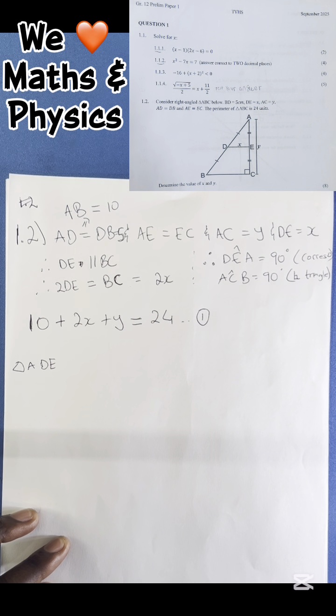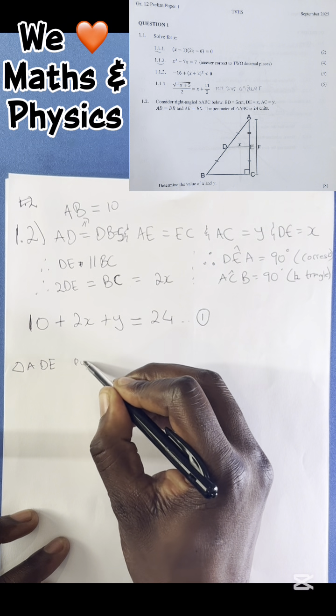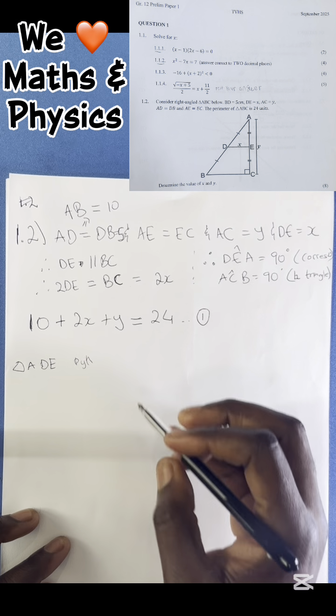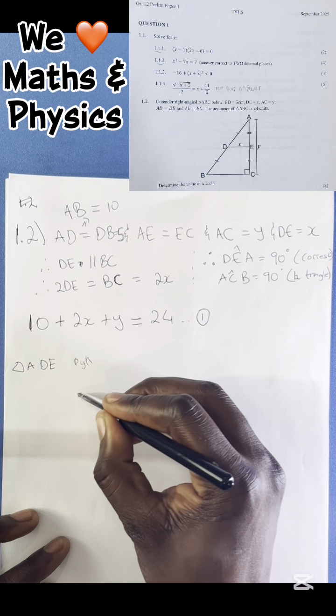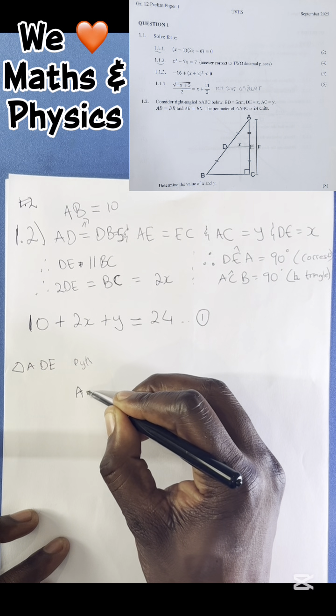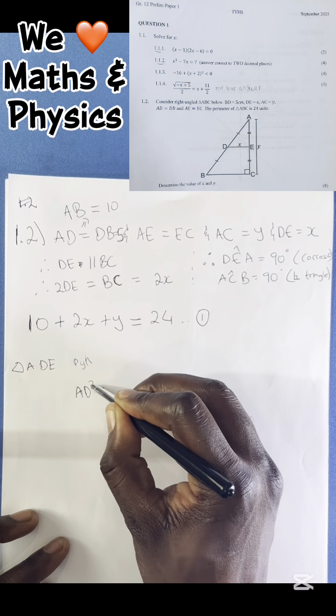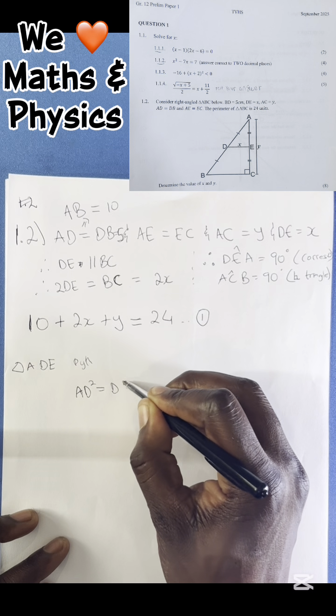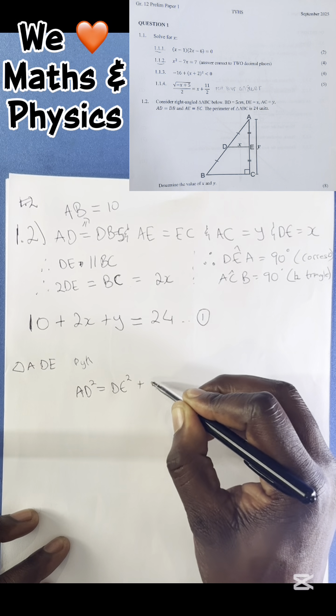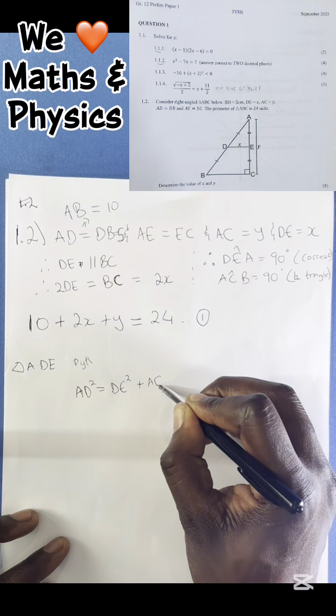Okay, so now let's see what we need to do. We can use Pythagoras, because it's a right angle triangle. We know what AD is, so AD squared is equal to DE squared plus AE squared.